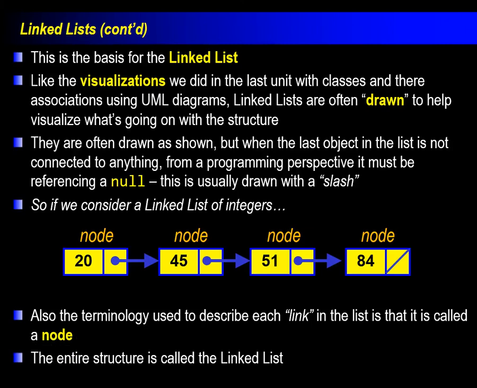The description of each spot in the list uses the word node. Node is the term that's used to describe each spot within the list. And the last list item references a null, which is usually drawn as just a slash. Okay? And we don't draw lines, we generally draw arrows to indicate a direction for this list. The entire thing is called the linked list.